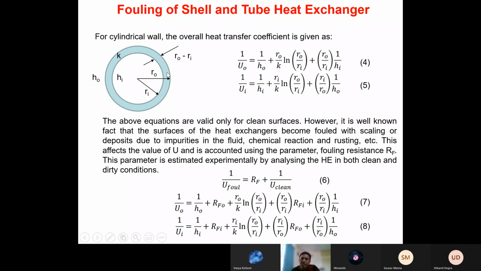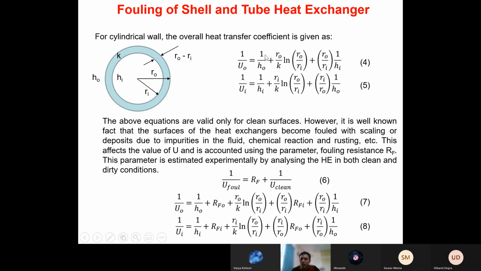Outer radius of this tube is R0 and inner radius is Ri. So in a clean tube, let's say there is no dirt, no fouling on the surface. In that case, the overall heat transfer coefficient using the outside surface area can be obtained using this equation. This equation we have seen earlier. Do you agree with me?